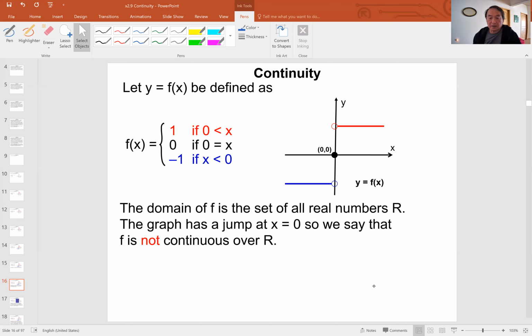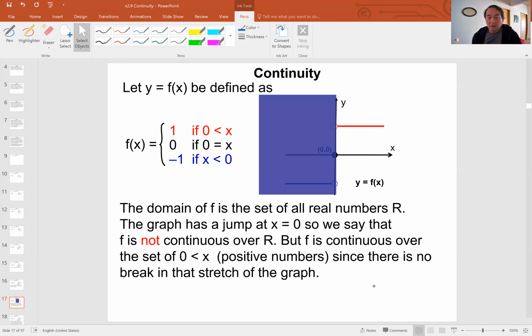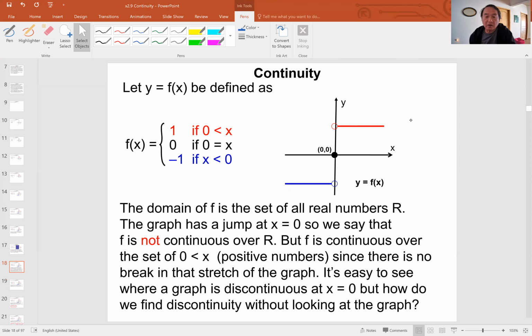But if I only look at the left-hand side, it's continuous on the left-hand side, before 0. It's continuous on the positive side too. If I just show you the red portion, it's continuous. Similarly, if I only show the left blue portion, that's continuous. Only if I show you the entire thing, it's discontinuous at 0.